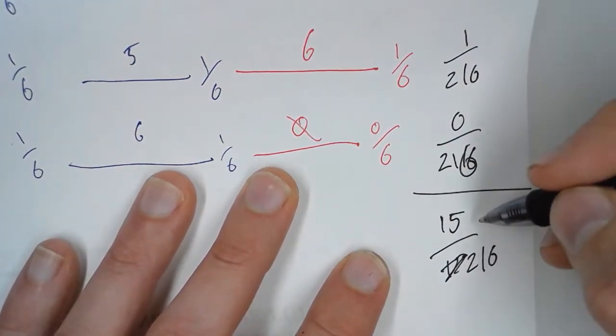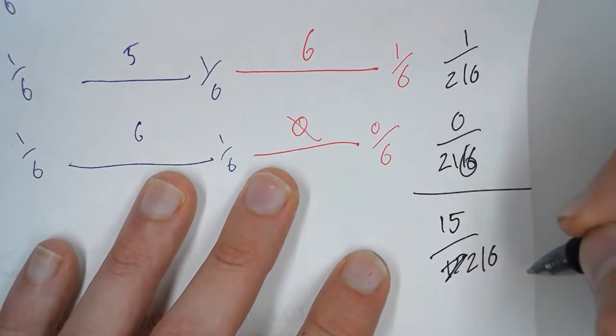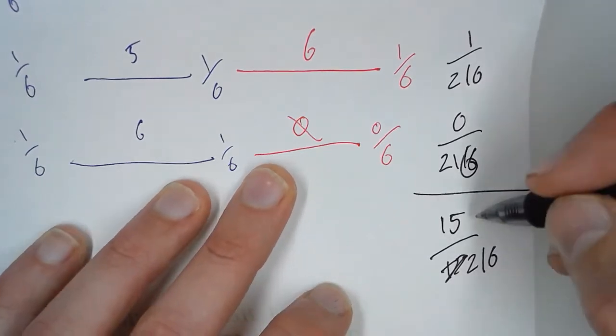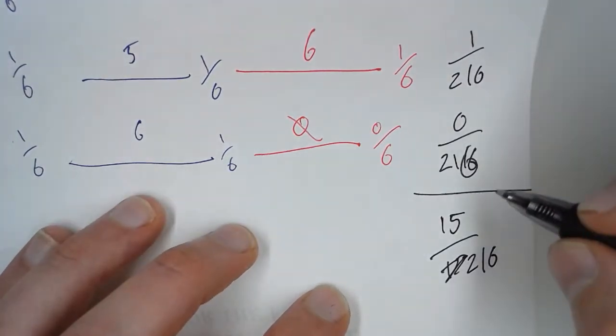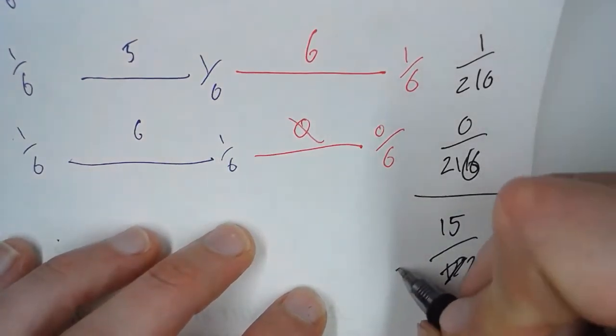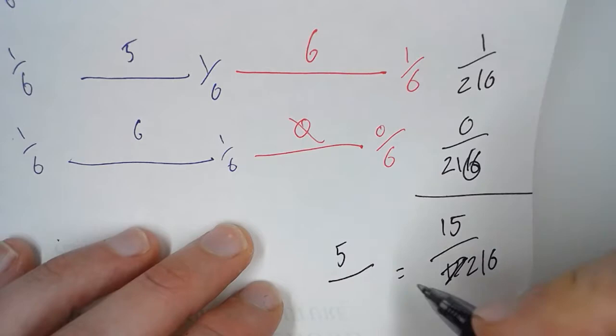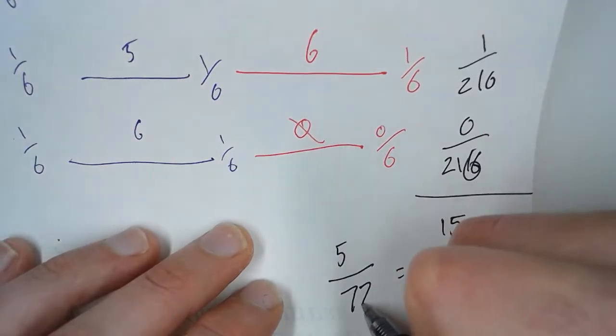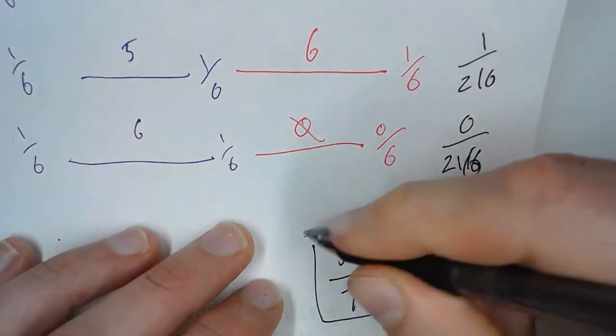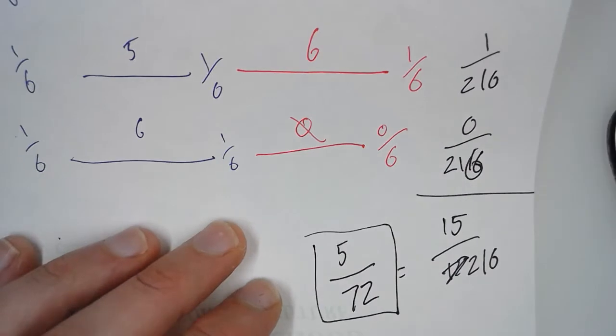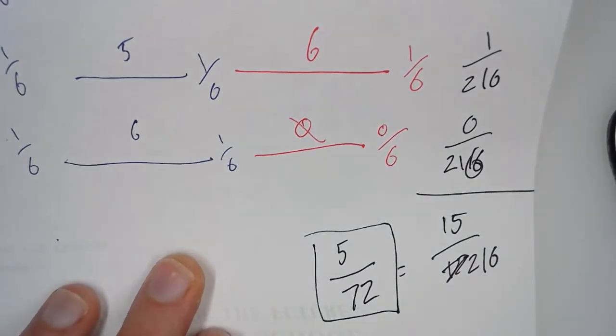But that's not a reduced fraction because 15 and 216 both have a 3 that can come out. When we take the top and divide by 3, we're left with 5. When we take the bottom and divide by 3, we're left with 72. So that is our final probability, 5/72. There's our answer, and we're done.